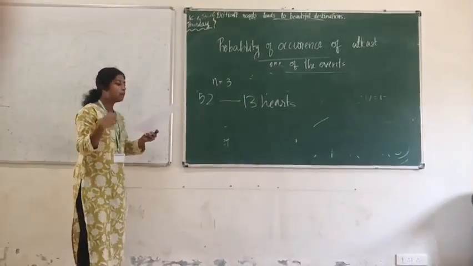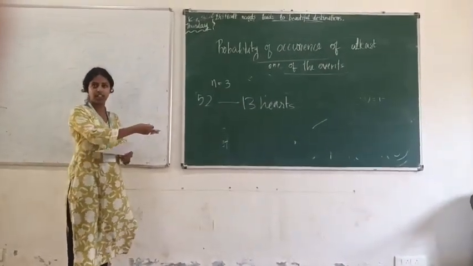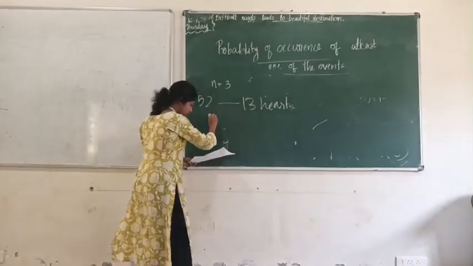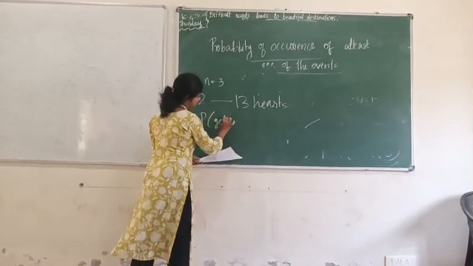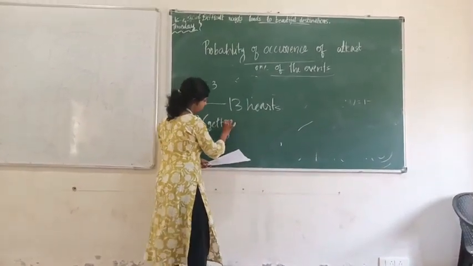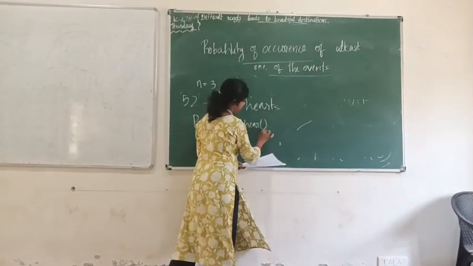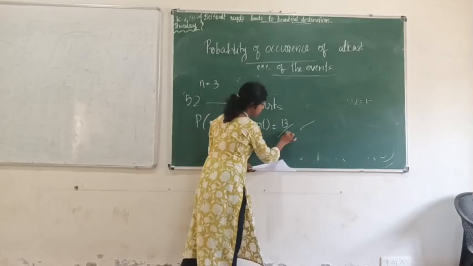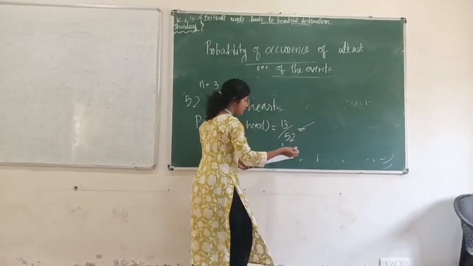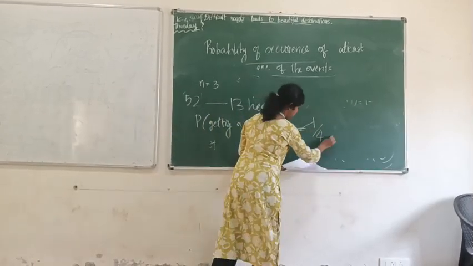So what will be the probability of getting a heart? P of getting a heart is 13 by 52, which is equal to 1 by 4.